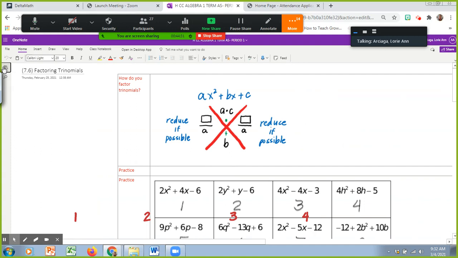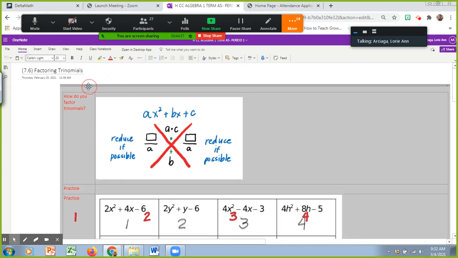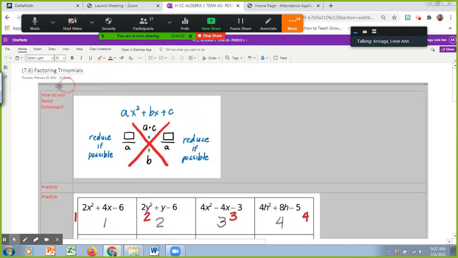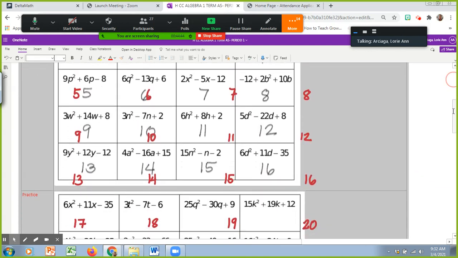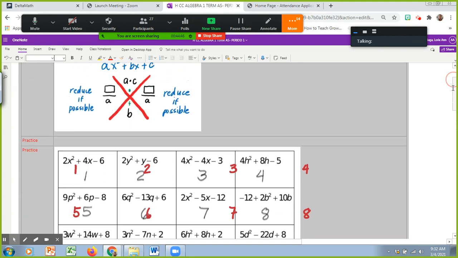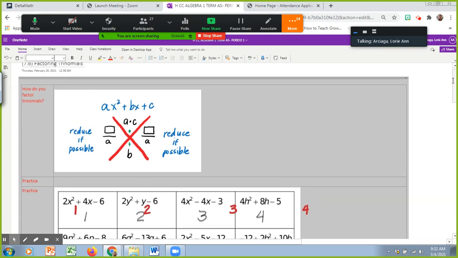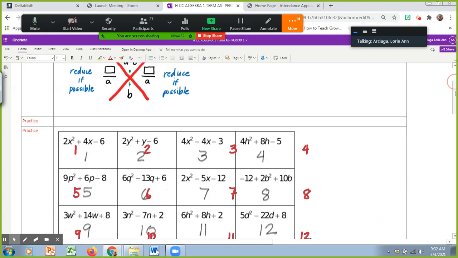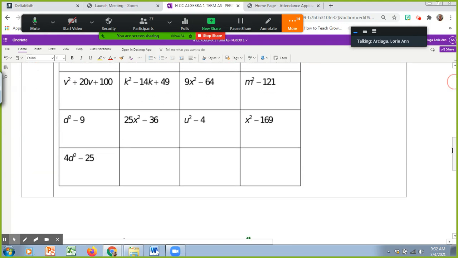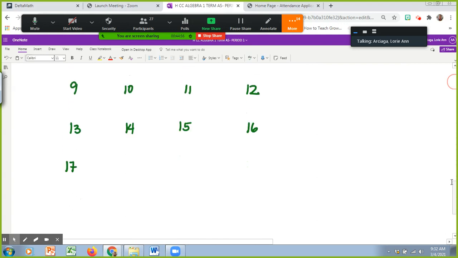Okay, what did I do wrong here? Ooh, what happened? This should be here. Oh, there's something that was deleted, right? I don't know, you probably have the correct version of this one. I think when my friend was looking at my OneNote last night, she accidentally deleted some of these.